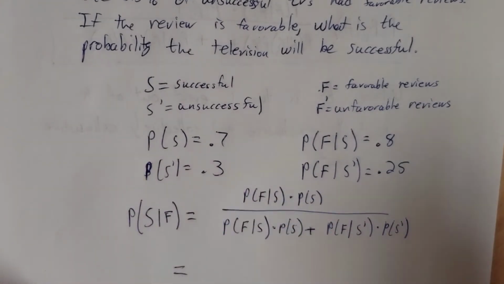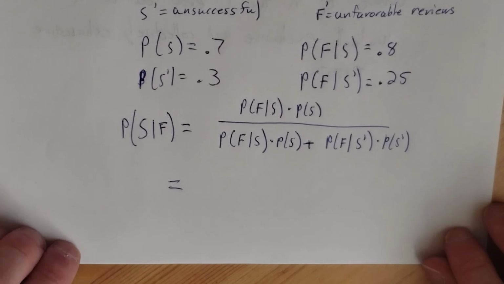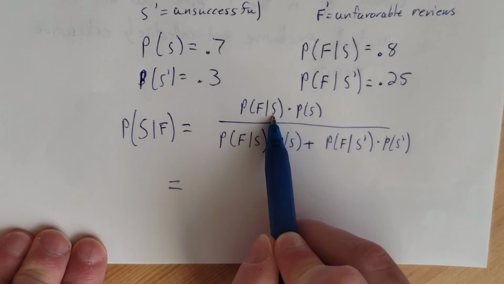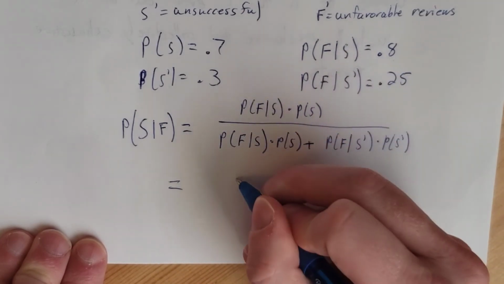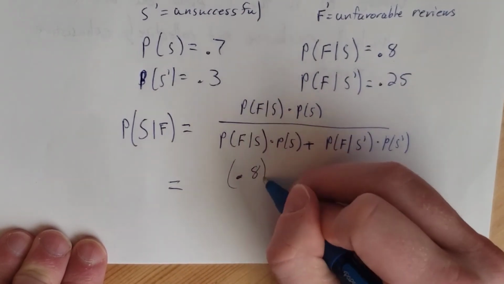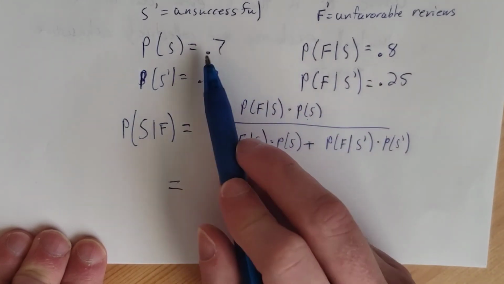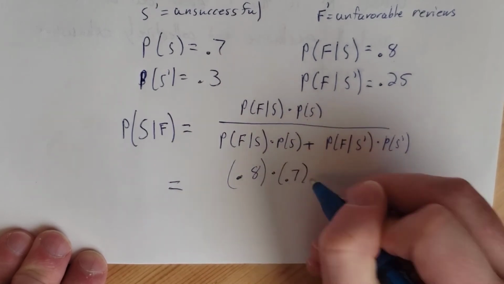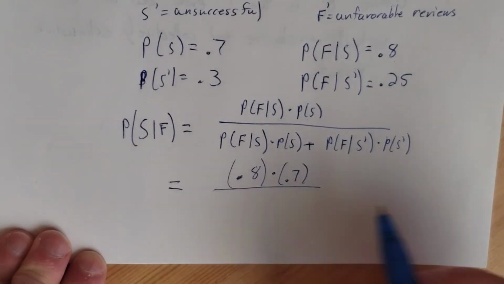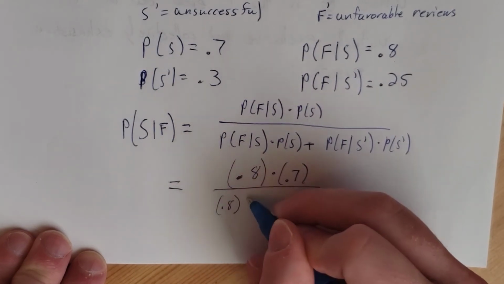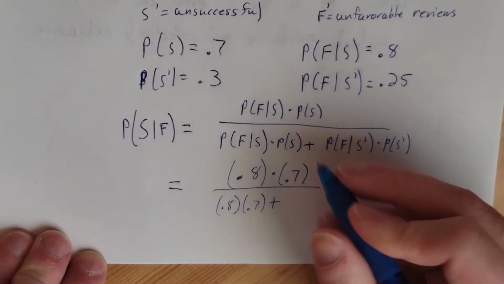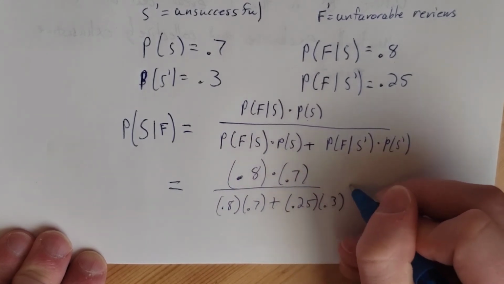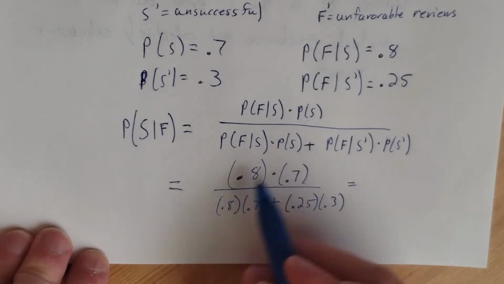And then all we have to do is plug in the values here. So the probability of a favorable review given it was successful is 0.8, times the probability that it is successful, 0.7. All divided by, and then filling out the denominator here, we get 0.8 times 0.7 plus 0.25 times 0.3. We plug all of this in and do the calculation.